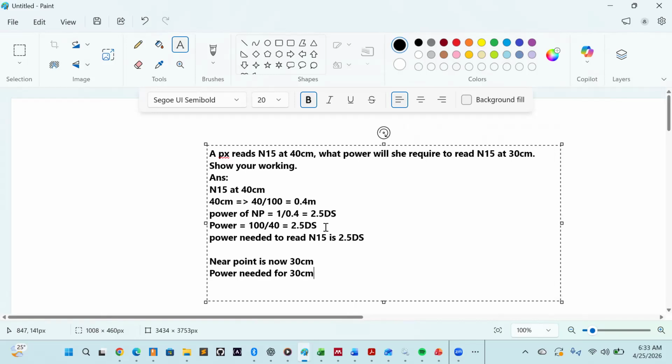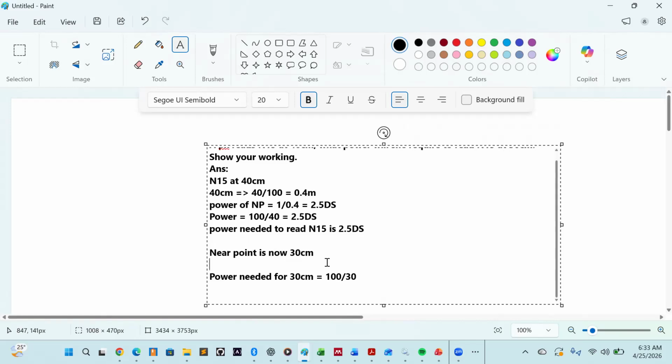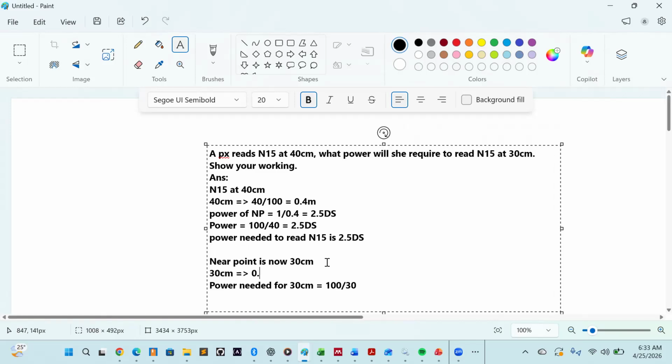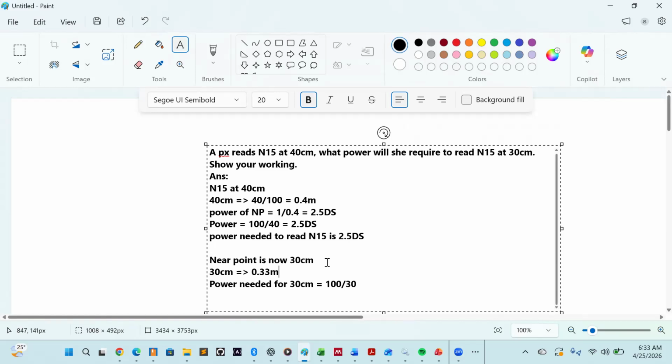You calculate the power, so the extra power that we require at 30 cm will be equal to again 100 divided by 30. Don't be doing one over, you can do that one too. Just convert 30 cm to meters, which is 0.30 meter, so 1 over 0.3 meter, or 100 divided by 30.